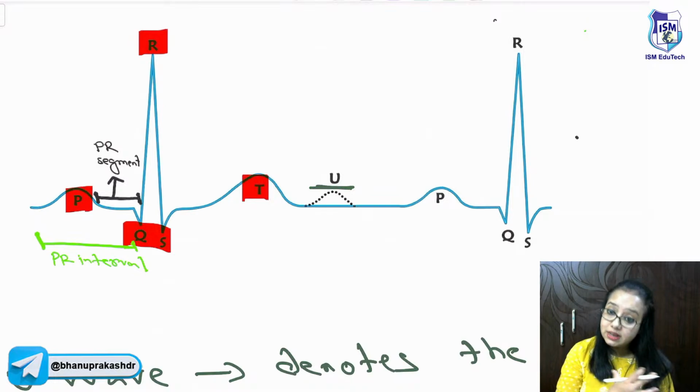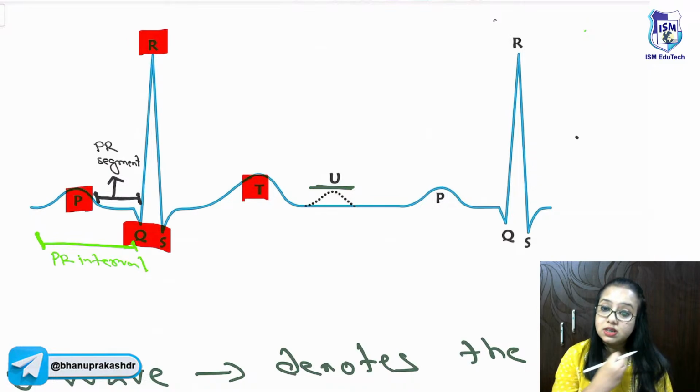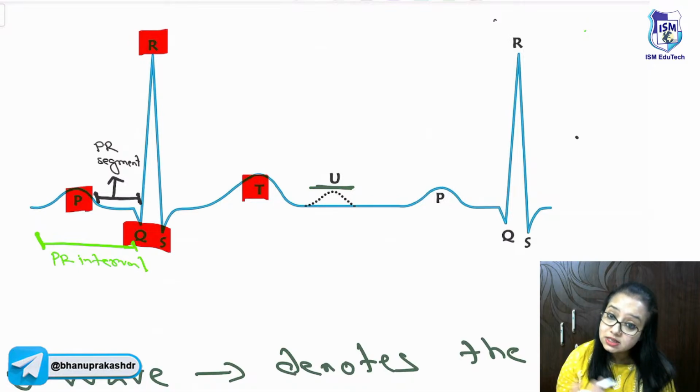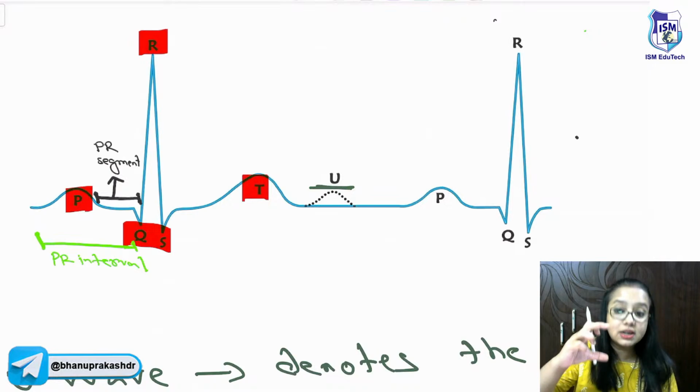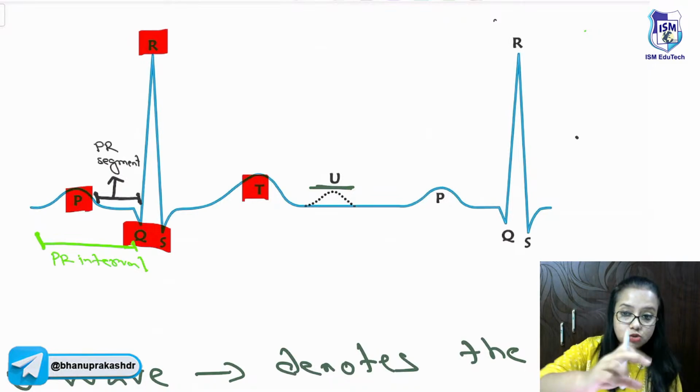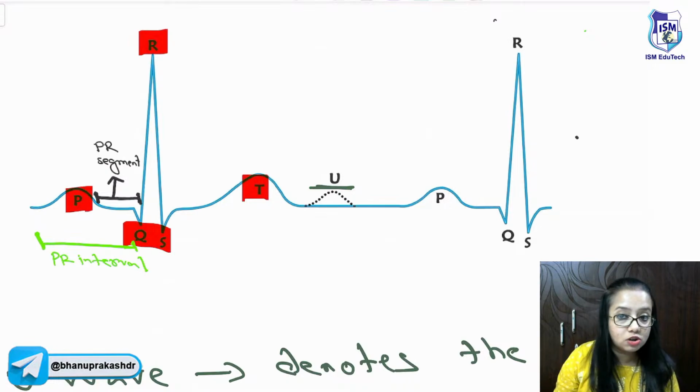But after the atrium has contracted, the time it takes to reach via the AV node all the way till the interventricular septum and then exciting the major part of the ventricle, the travel of the impulse from the atria to the ventricle is not causing any contraction or relaxation, right?